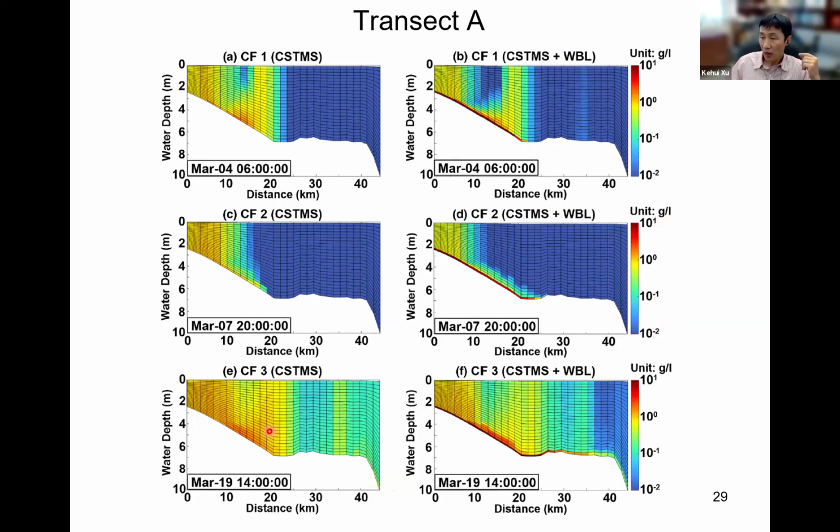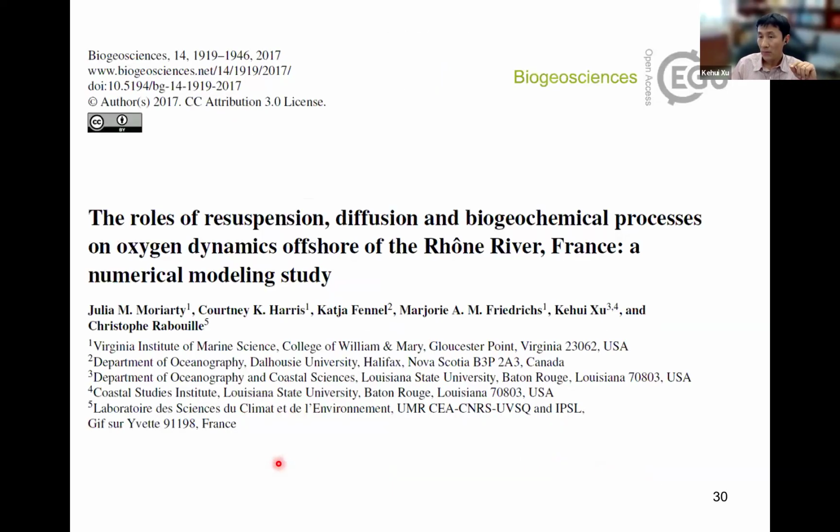If you compare the bottom during cold front number 3, the fluid mud can actually be formed here and delivered into the deeper part at about 6 meter water depths. And this is a big difference between the wave boundary layer model run and the regular CSDMS one.